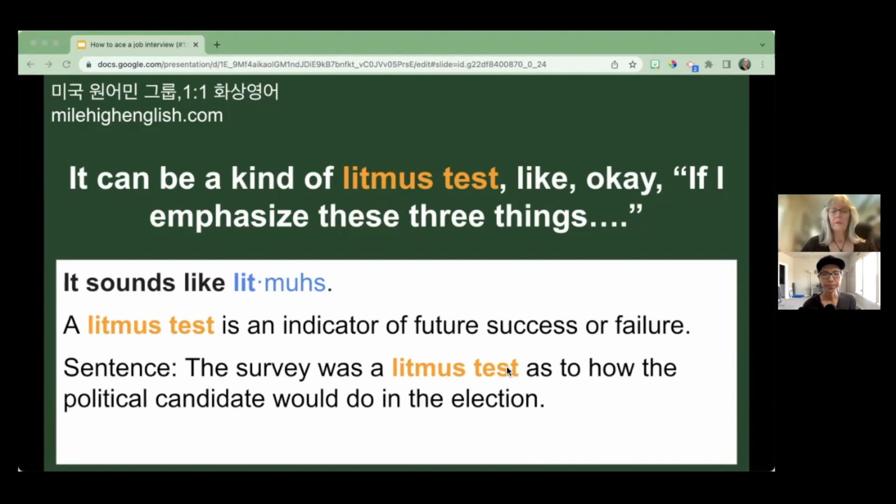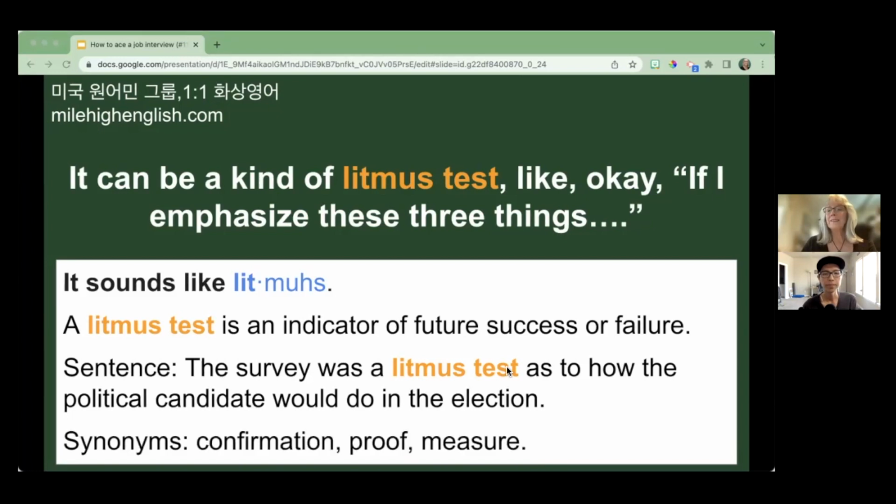Okay, so here are some synonyms, words that mean the same as litmus test. I almost put the word test in there, but I thought that seems too repetitive. But you could say confirmation, proof, measure. This is kind of a measure of, if I emphasize these three things, will that be successful?